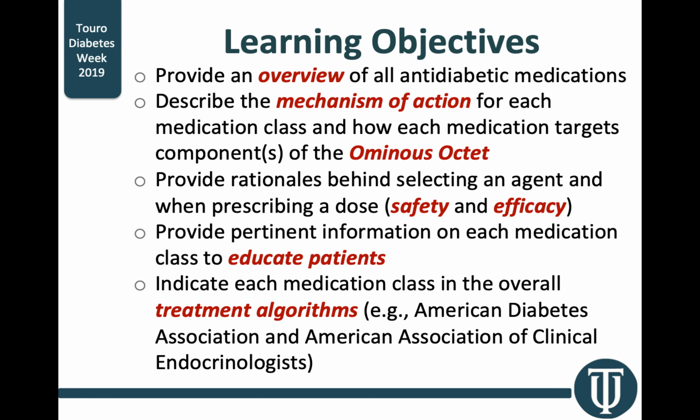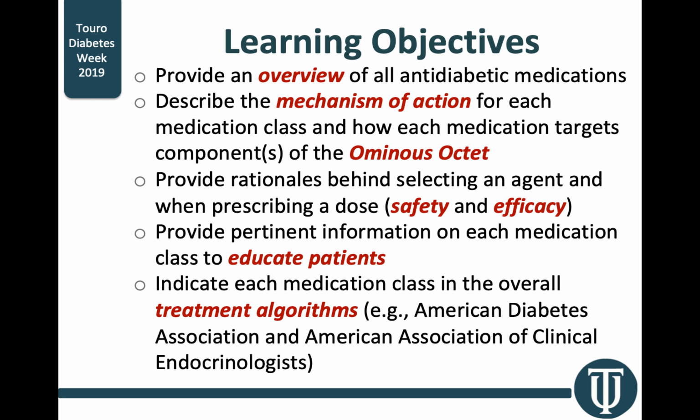Here are the learning objectives. First, we will focus on an overview of all the medications. Then, of course, we'll talk about the mechanism of actions and how they fit into this structure called Omnibus Octet. And we want to talk a little bit about the safety and efficacy of using the drugs and the rationales behind it.